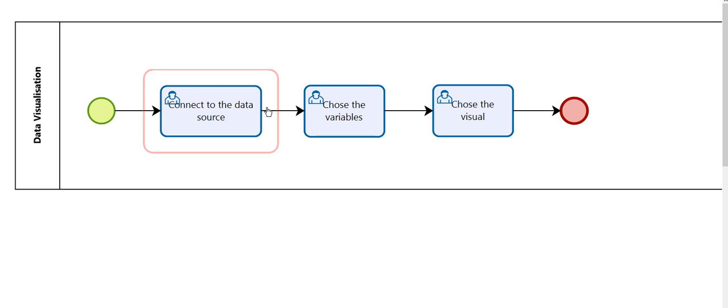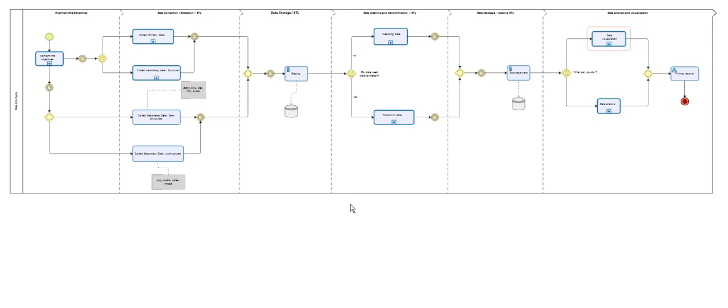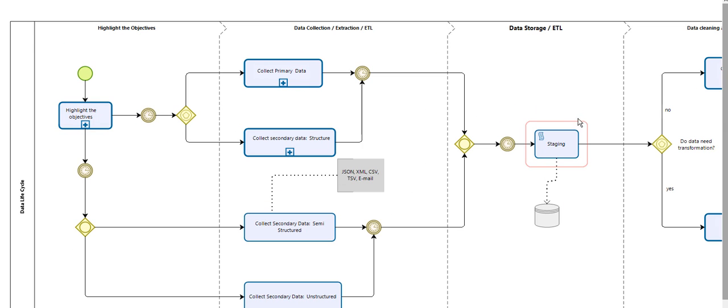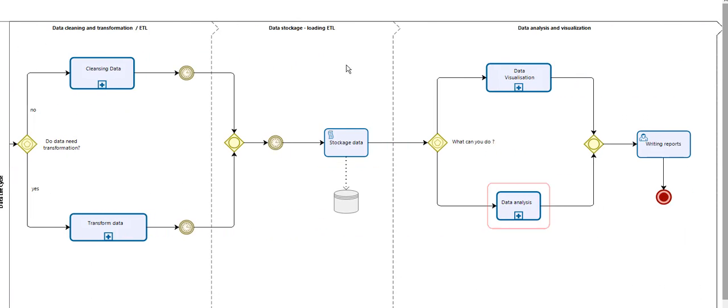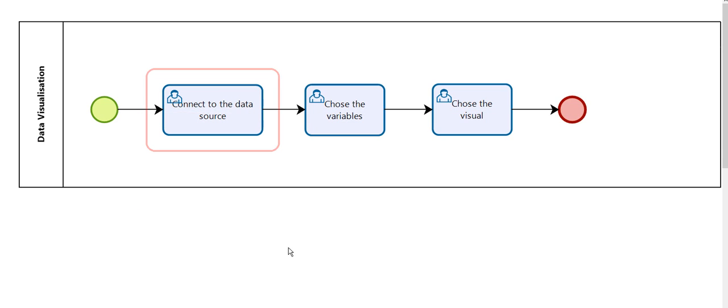In data visualization, for example, the process begins by connecting to the data source. In this case, our data source is here, in the data storage, where we have our cleansed data.